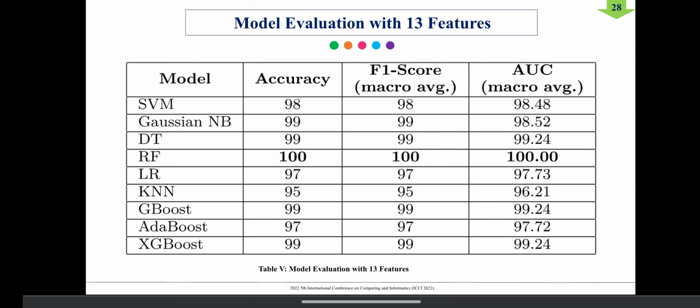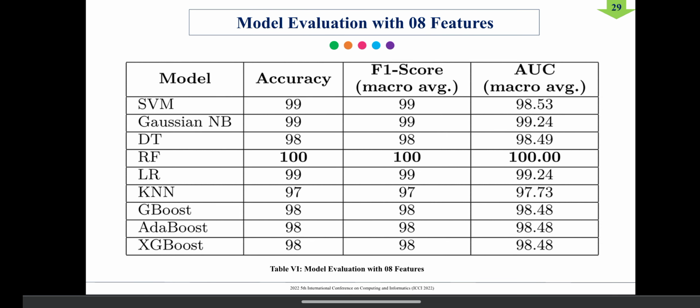Here the random forest model provides 100% accuracy, F1 score and AUC respectively. Table 6 shows the evaluation outcome of different machine learning models using feature set F2 found in equation 3. The F2 set contains 8 important features. Here also random forest provides the highest performance.